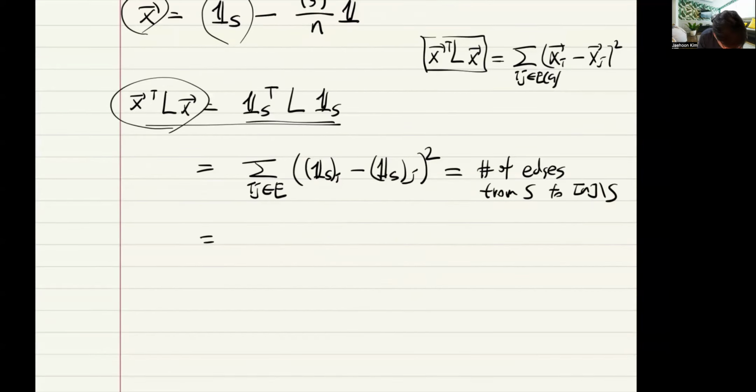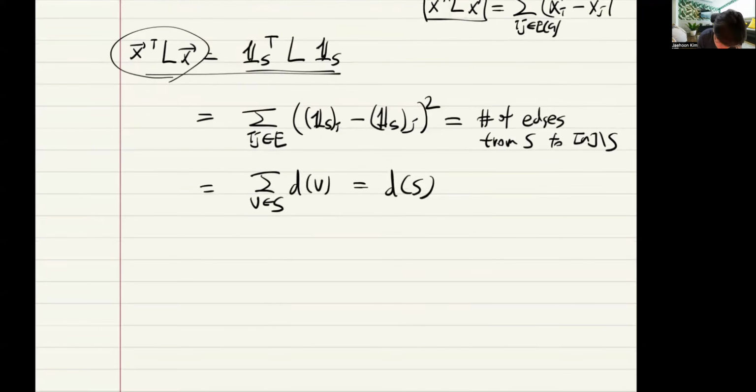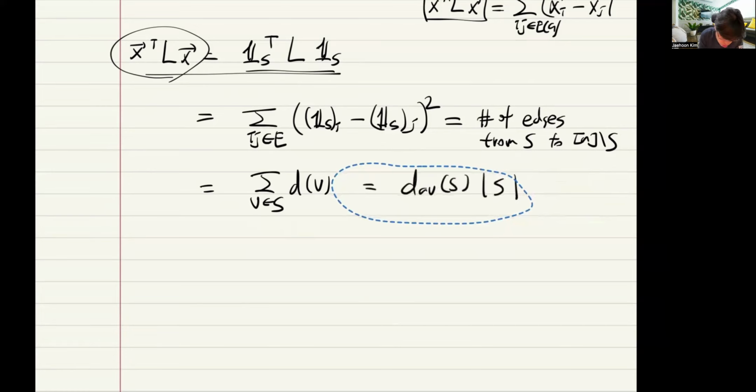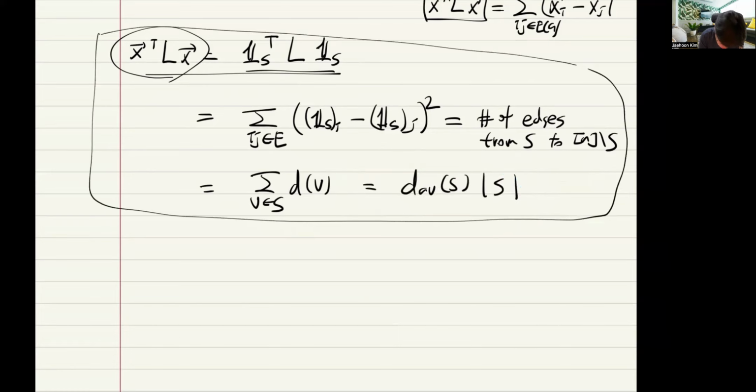Let's write it this way: the summation of all degrees of the vertices in S. Let's write it as D of S, which is the average degree of S times the size of S. Okay, maybe we don't have to even define this notation. You just write it this way. So now we have this numerator.